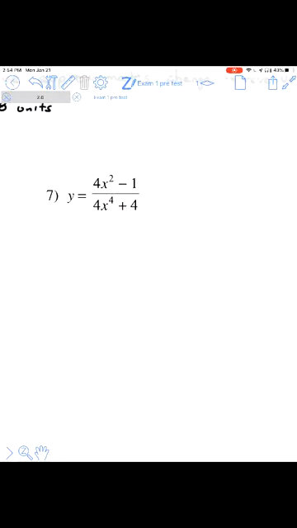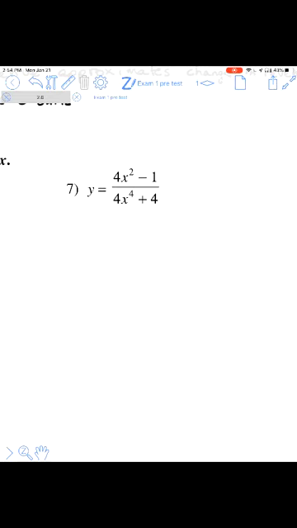Question 7. This function's in the form of a quotient. So we can name the numerator f, for example, and the denominator g. And the quotient rule is g times f prime minus f times g prime all over g squared.